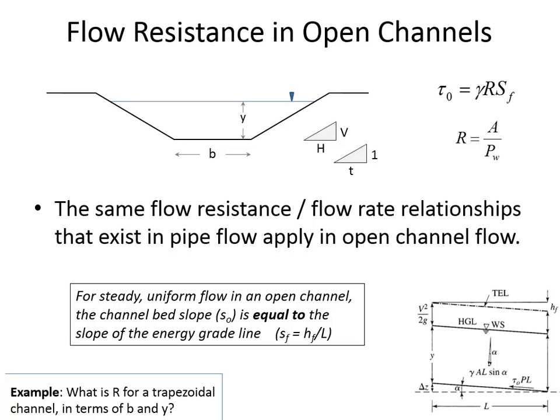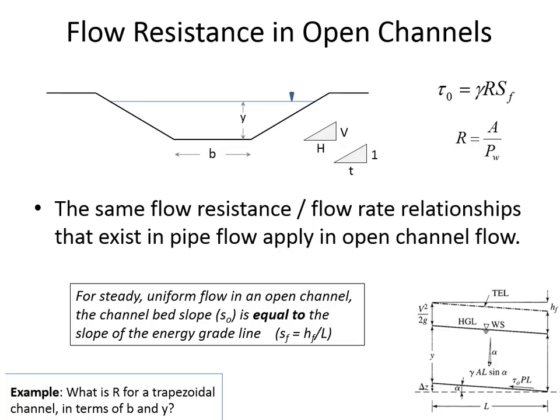So we have some channel and there's water in it. It has a bottom width of b, has a depth of y, and side slopes of 1 to t. And we can find this side length as the square root of y squared plus (t times y) squared. That's how we can find that length.